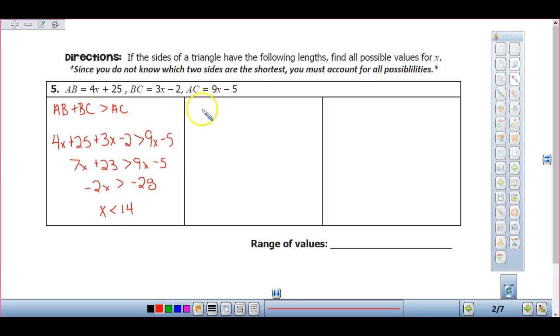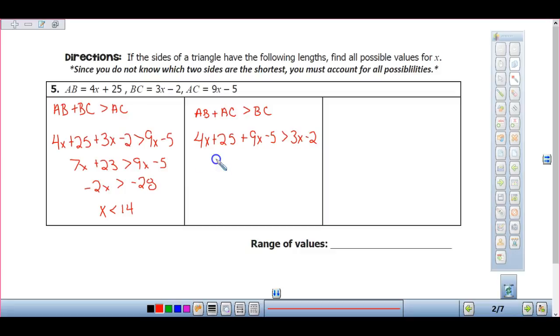Okay, here we need two other sides. We already did AB plus BC, so now we can go AB plus AC has to be greater than BC, which is our third side. So AB is our 4x plus 25, plus our AC is 9x minus 5, has to be greater than 3x minus 2.